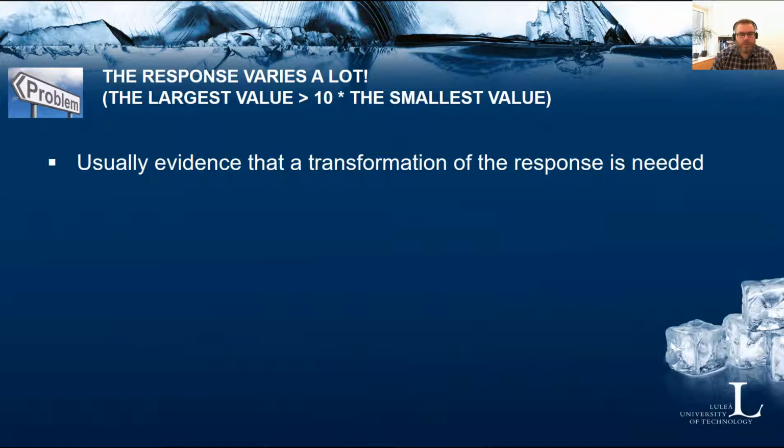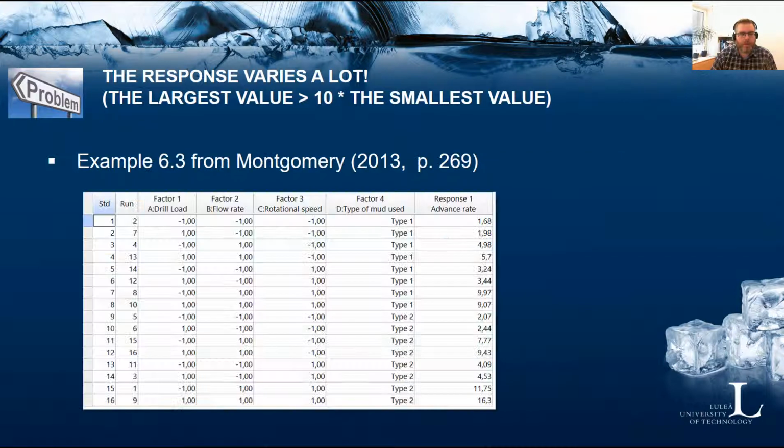To look at this, let's check out example 6.3 in Montgomery's course book. This is a design where we have 4 factors in 16 runs, so it's a 2 to the 4 design. And we have a response that's called advance rate. If we look at run 16 here, we have 16.3 as a response value.